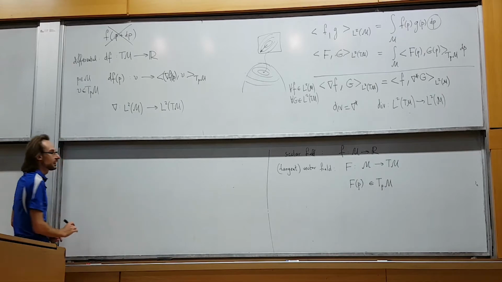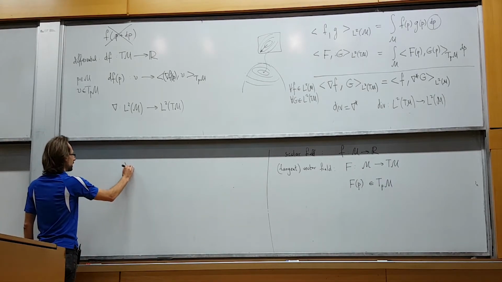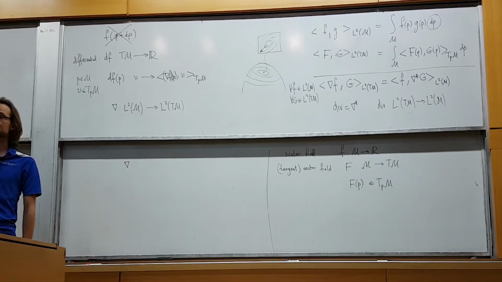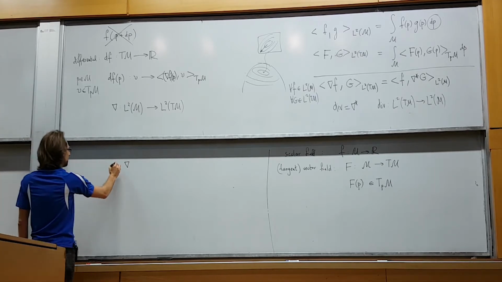Let me take the gradient. The gradient is an operator from scalar fields to vector fields, so I give it as an input a scalar field, and I get a vector field. Let's now operate with the divergence.